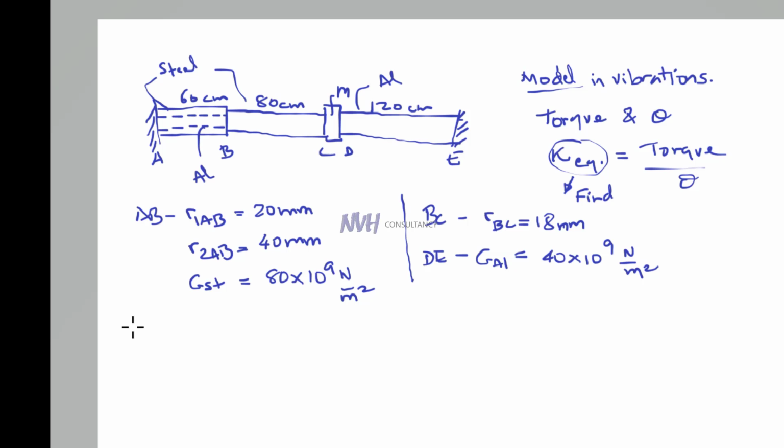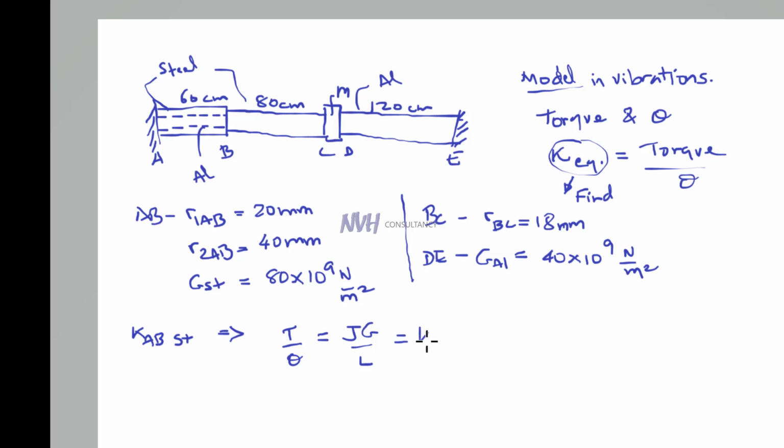We want to proceed to find the stiffness of each of these sections. So let's look at the AB steel part. The way to find this is very simple. We'll use the basic equation, torque over theta equals JG over L. J is the polar moment of inertia, G is the modulus, L is the length of the shaft, T is the torque, and theta is the angular deflection.